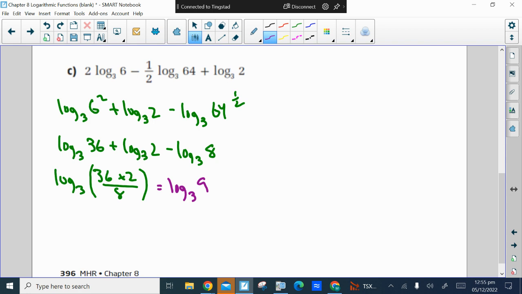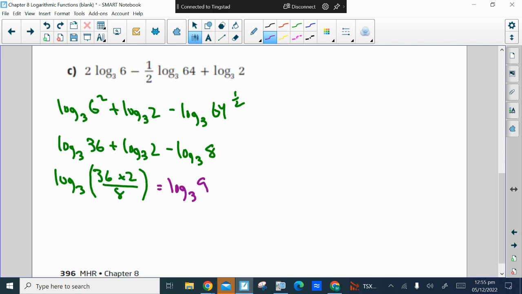Well, what else would you do? Well, I guess you could. So you're saying you would have the log base 3 of 6 squared times 2 divided by 64 to the 1/2, but it's not going to change our answer.